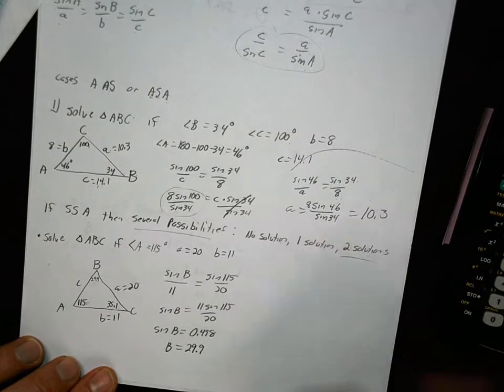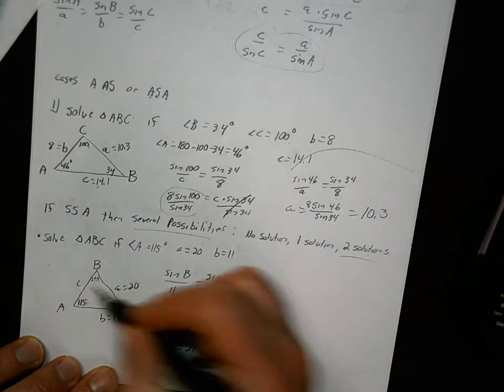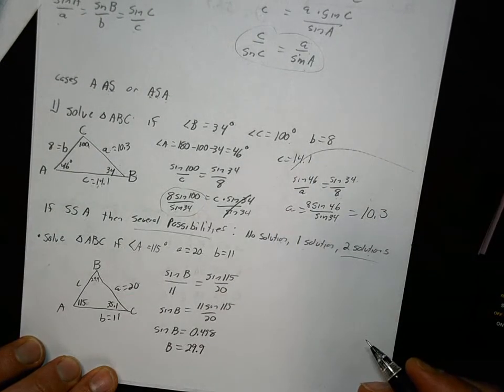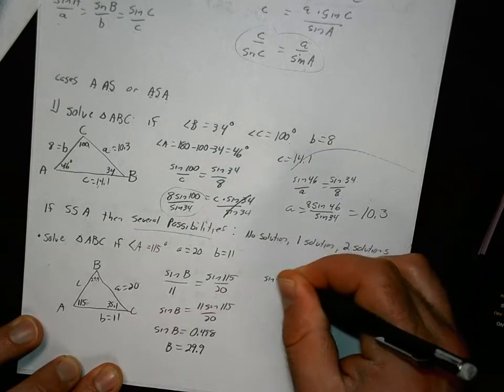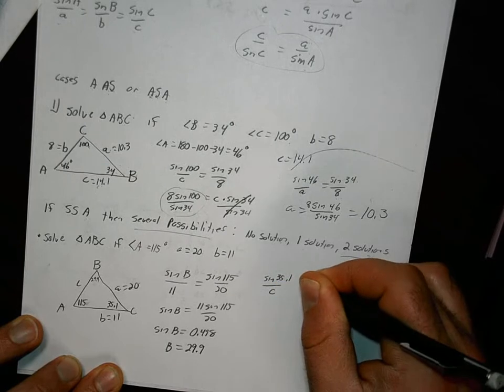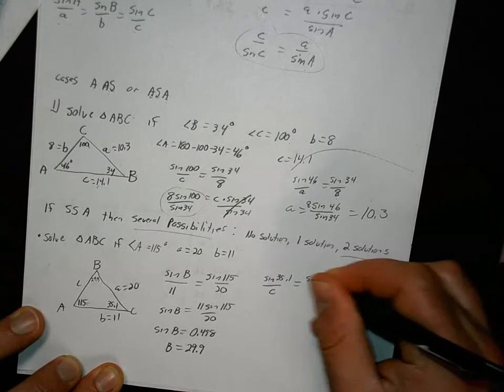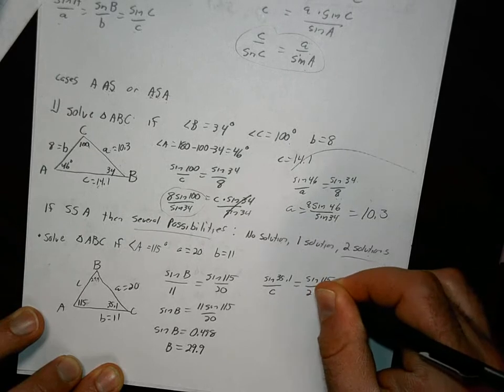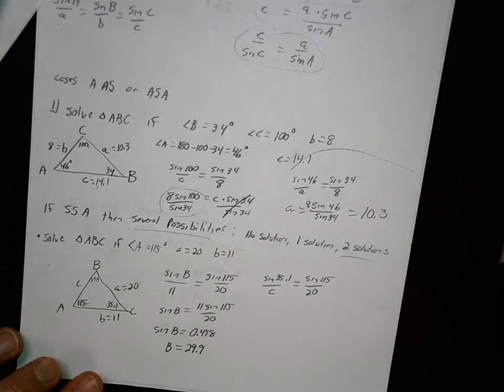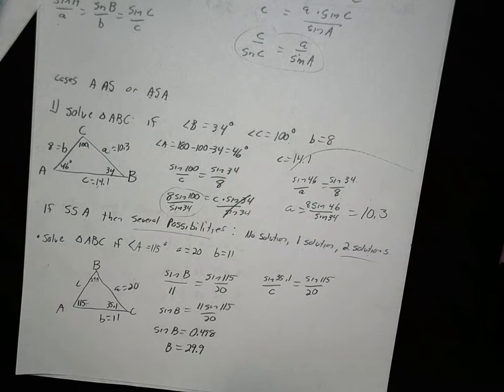So I've got that angle. And finally, I can find side C. Well, side C, I can use the law of sines with. So sine of 35.1 over C equals sine of 115 over 20. Okay, so we can cross multiply and solve that part of it.